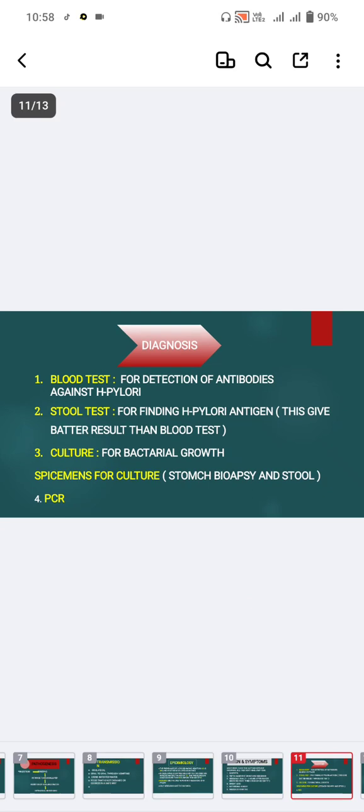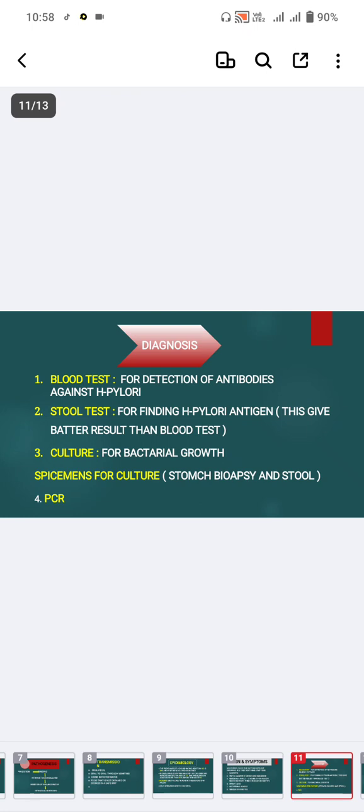Now the third one is a culture for bacterial growth. As you know, culture is a specific process in which we grow bacteria for a specific infection. So we come to know which type of bacteria is found in your stool or in a sample you have given to the doctor or any technologist. So it's a very good method.